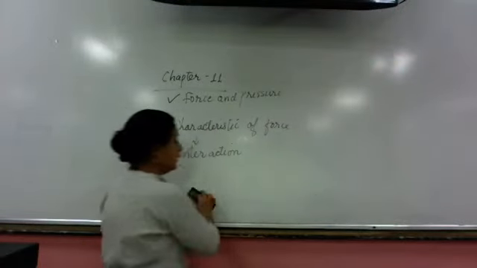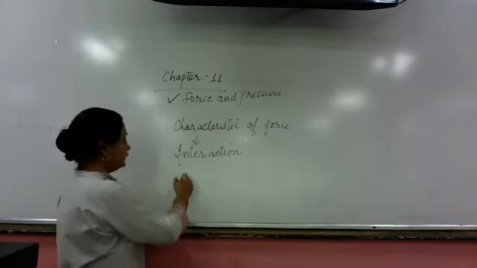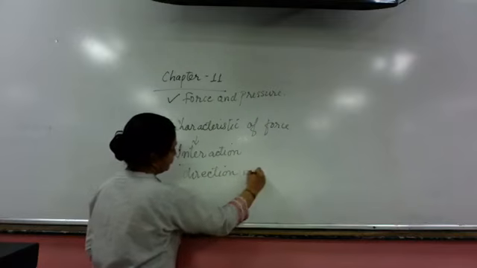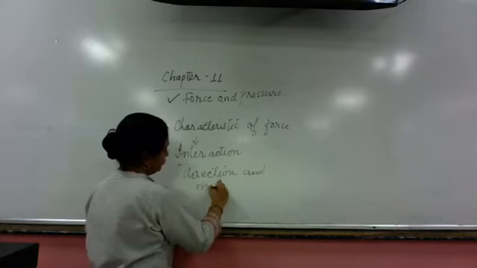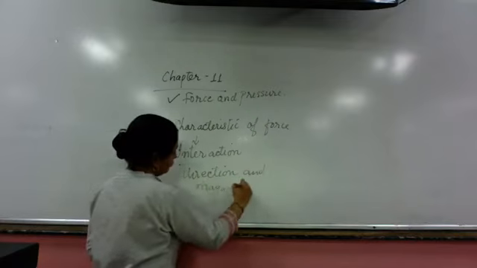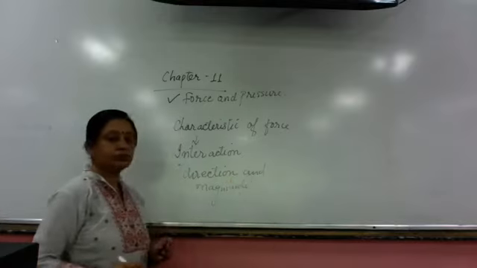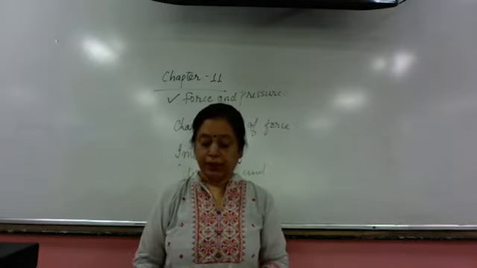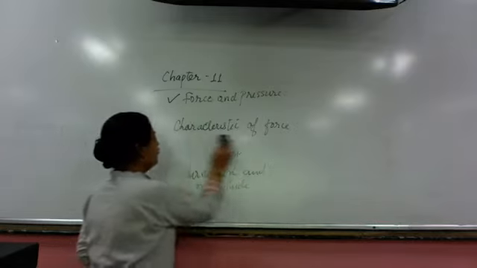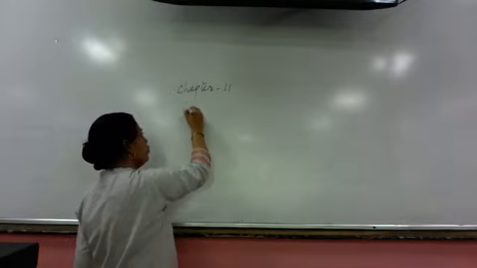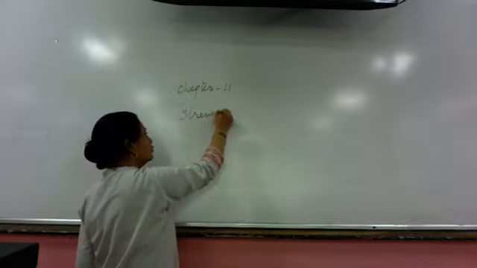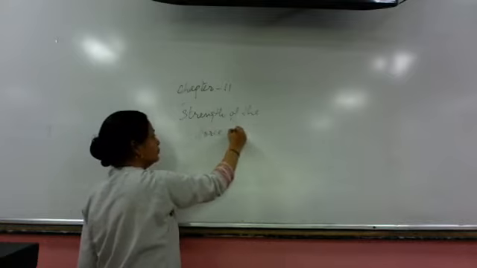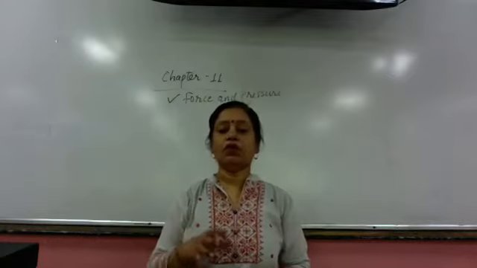Another characteristic is that force has direction and magnitude. How can we prove that force has direction and magnitude? Magnitude means the strength of the force applied. Think of a tug of war.